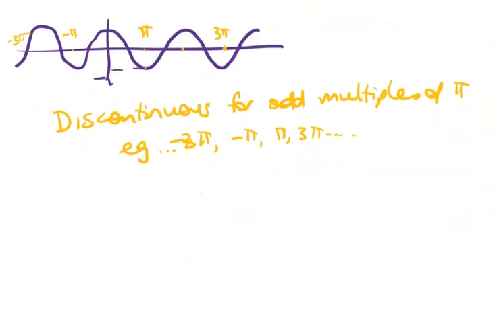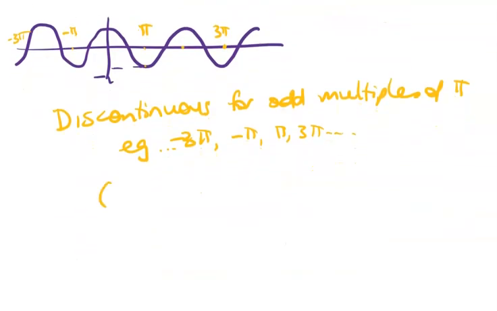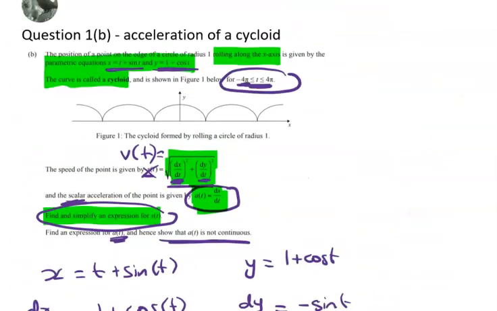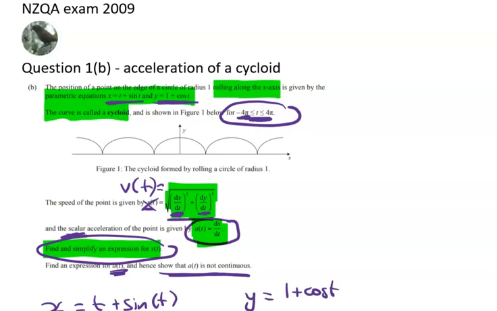If you want to be more formal about it, you can say for, to get an odd number, remember we go 2n plus 1 pi, where n is an integer. Okay, so I think that's all there is to do in that question. Let's just check. Yep, okay, find an expression for a of t. We've done that, and hence show that a of t is not continuous.